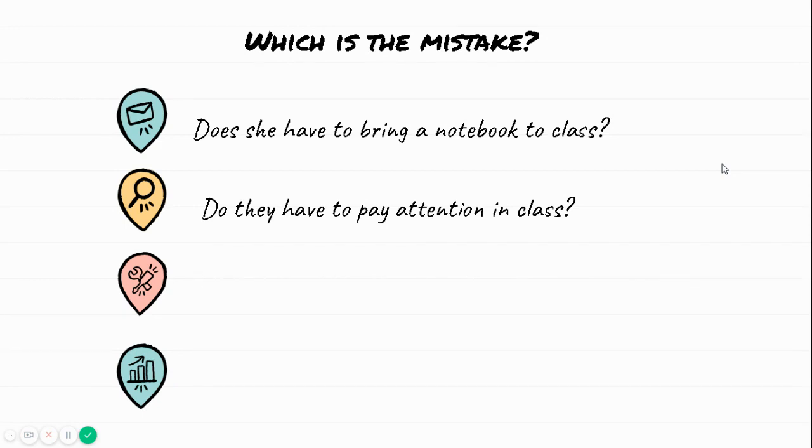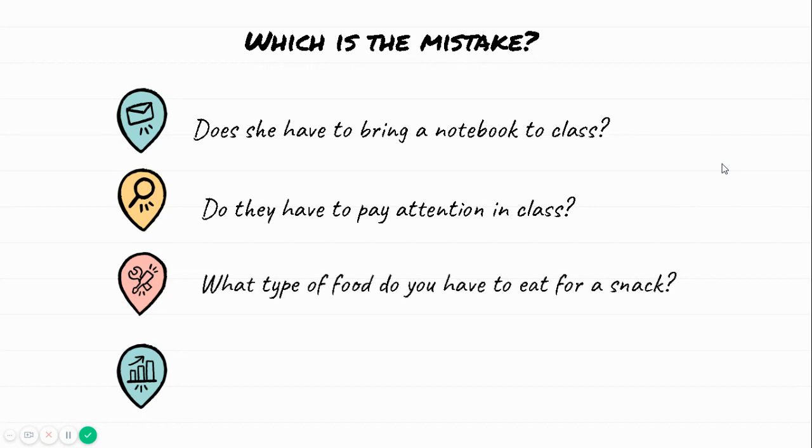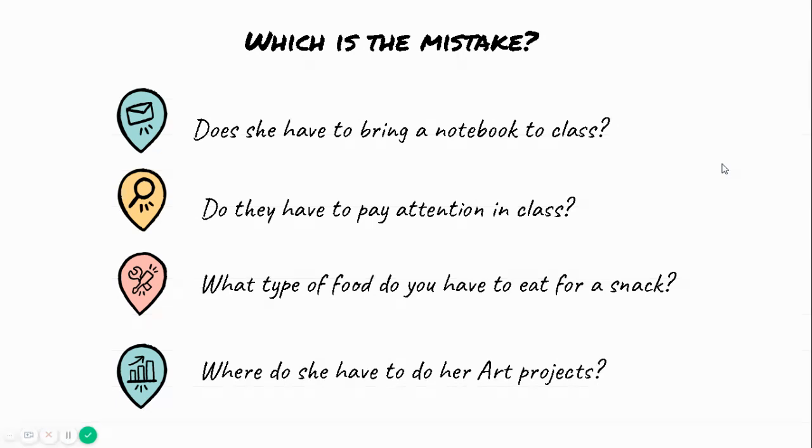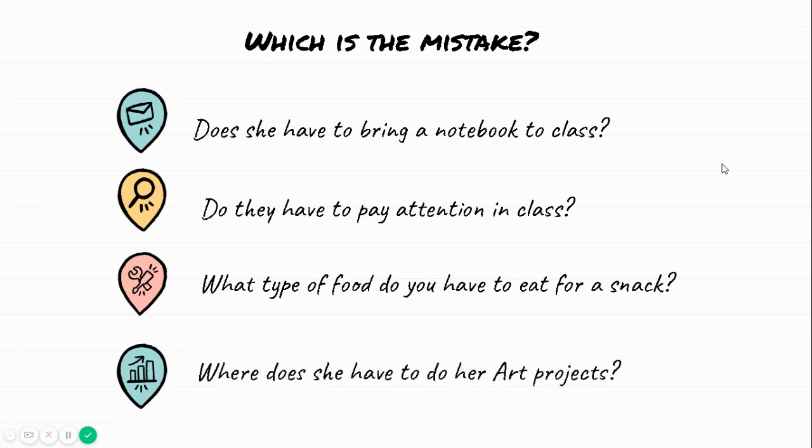No. The correct sentence would be, what type of food do you have to eat for a snack? And finally, where do she have to do her art projects? It's not where do she, it's where does she have to do her art projects?